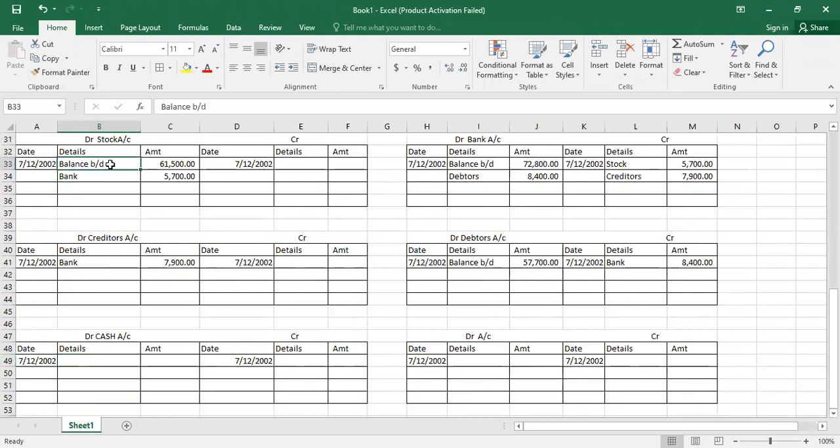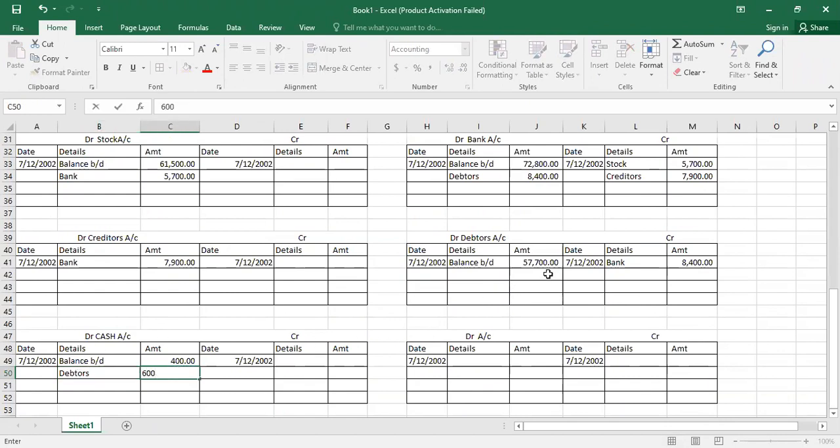Allow me to copy paste. That is 400 before we do this particular transaction. So debtors are being affected. So we have debtors, you are paid by cash of 600.